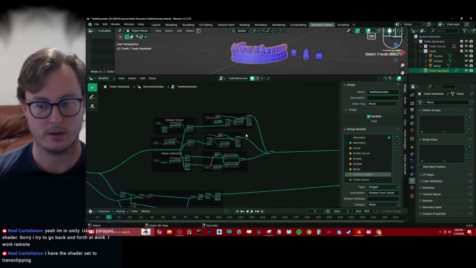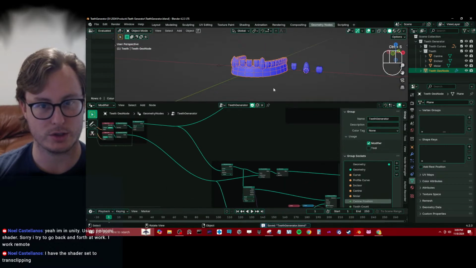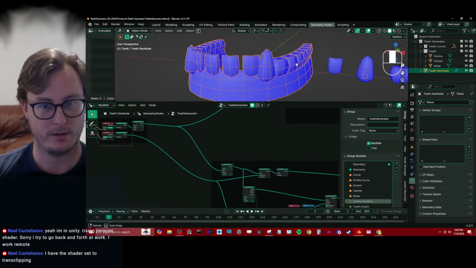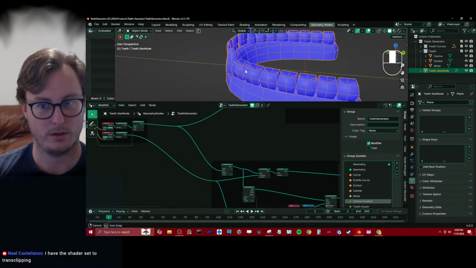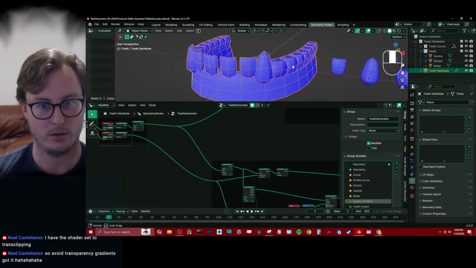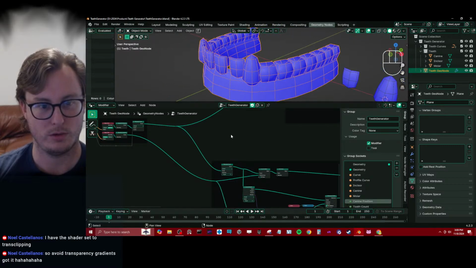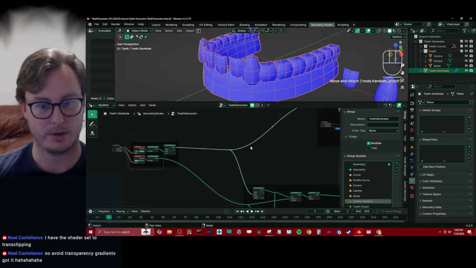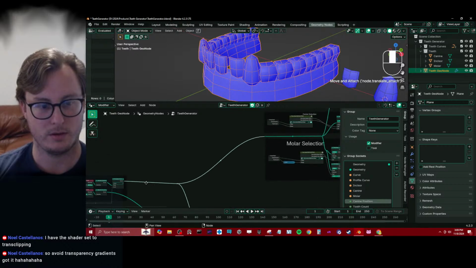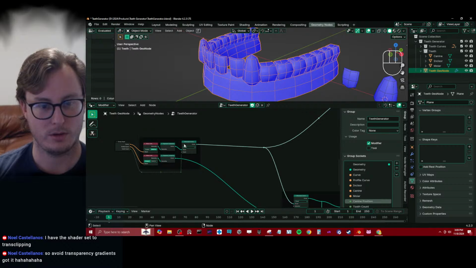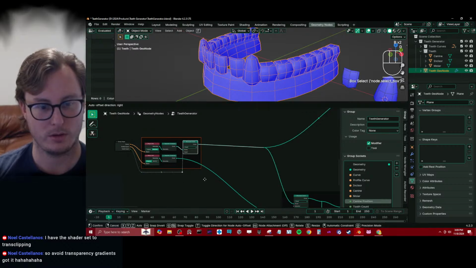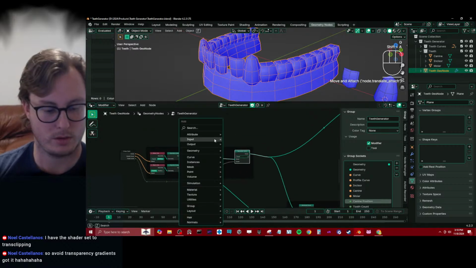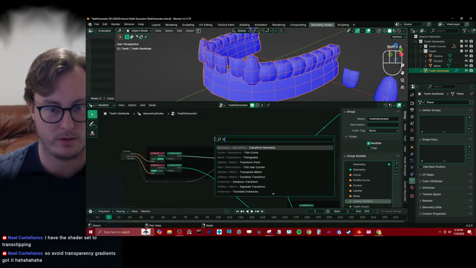All right, did it. So there's one more thing I want to do, which is just to close up these gaps here. I resampled the curve. Trim curve.